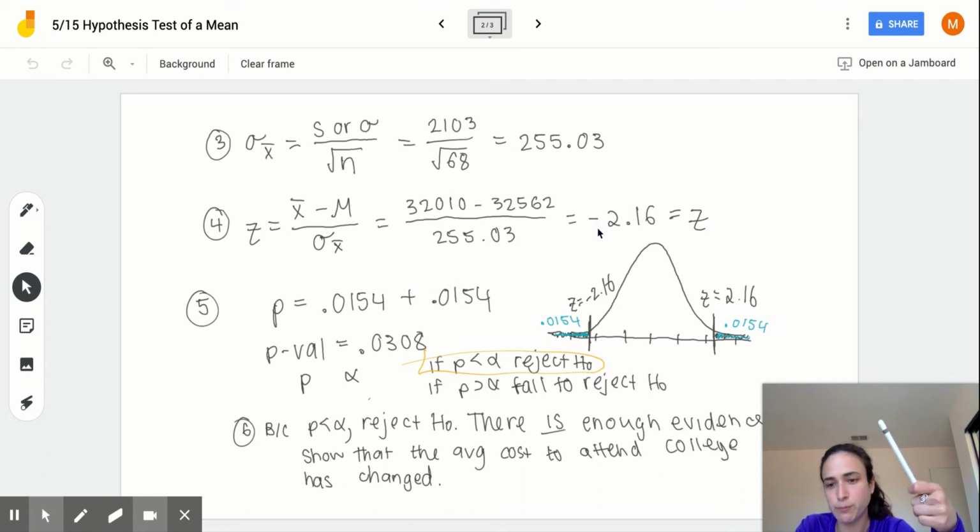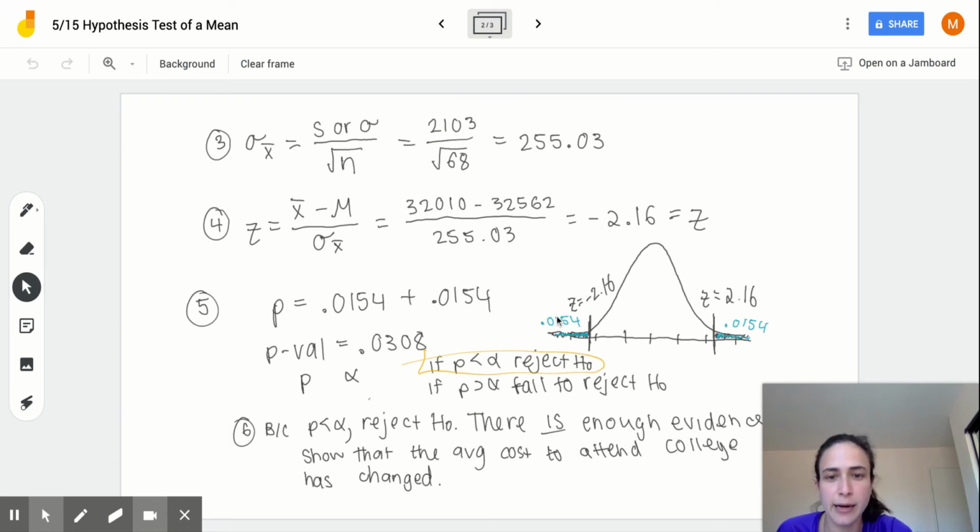If it was positive, you need to get the negative one, same number though. If it's negative, you're going to take the positive one, and you're also going to add that line onto your chart. And then you're going to shade in the direction of the tails. So we call this a two-tailed test, meaning you have to shade both sides because your hypothesis doesn't claim to know whether it's greater or less. So you're going to take into account both situations.